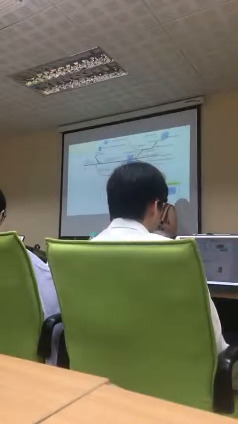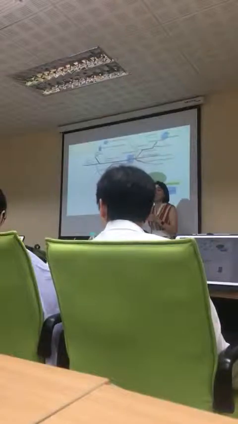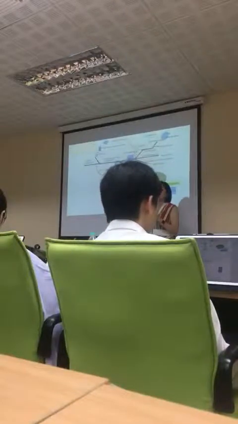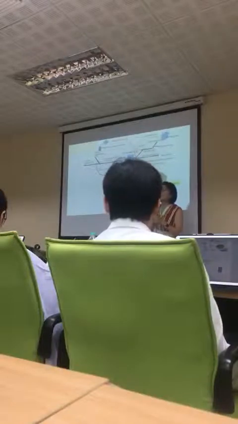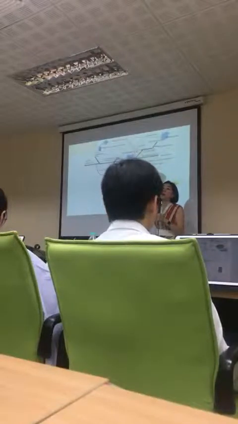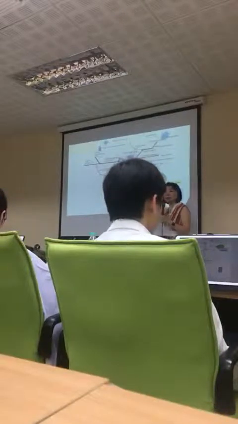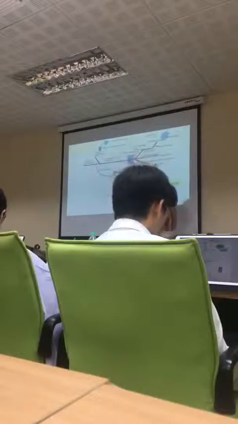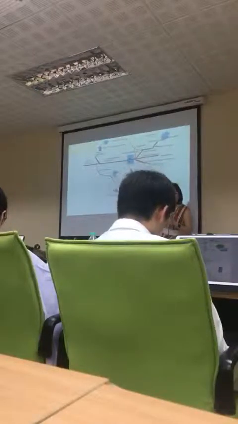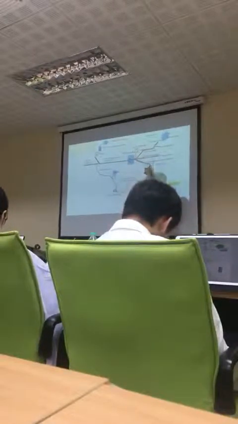Where does it come out? Greater and lesser. Greater palatine foramen, do you remember? Greater palatine foramen and lesser palatine foramen give the nerve to the palatine gland via V2.